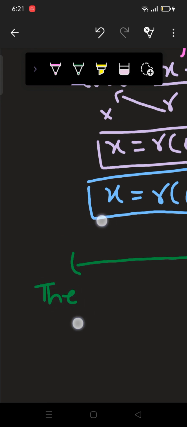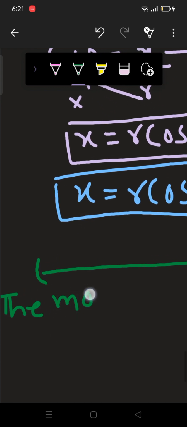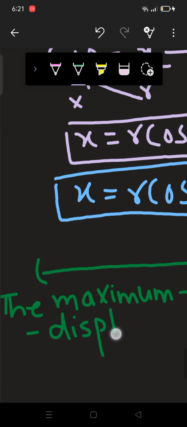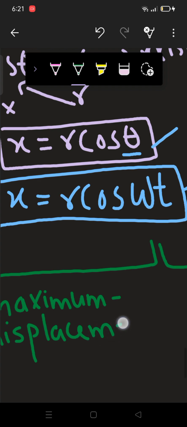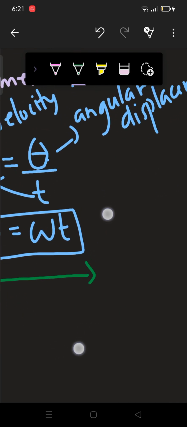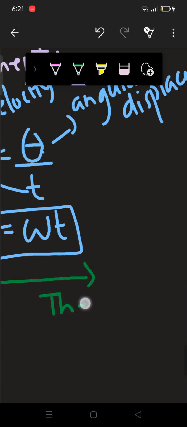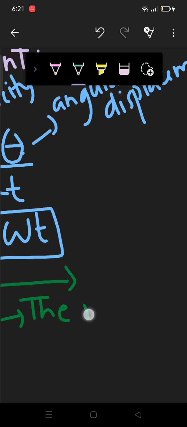First the maximum displacement, and then we will find the minimum displacement, and we'll find their positions too.